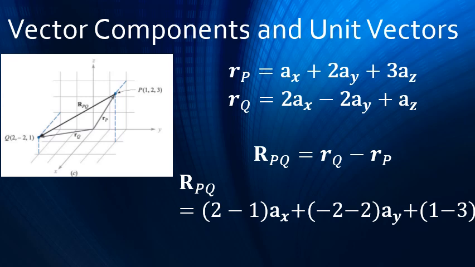So medyo naputol, meron tayong AZ dito. And simplify, very basic. Makukuha natin that the resultant RPQ is equal to AX minus 4AY minus 2AZ.